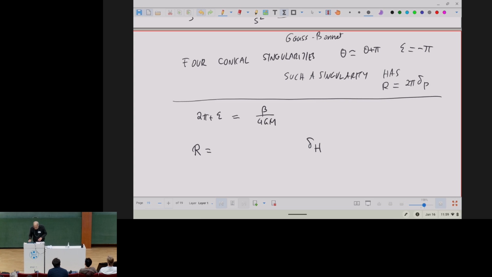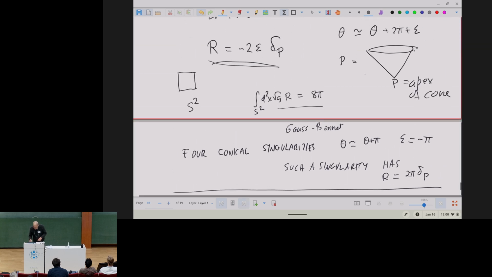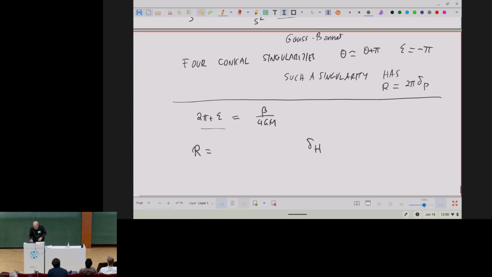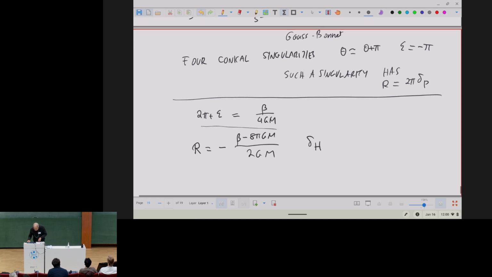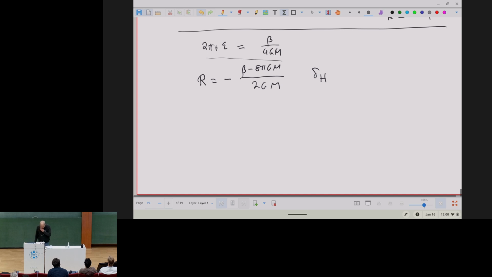And the coefficient of the delta function is minus 2 epsilon, where we should get epsilon from this formula. So the scalar curvature is minus (beta minus 8 pi GM) over 2 GM times the delta function at the horizon. And this will contribute to the Einstein-Hilbert action.